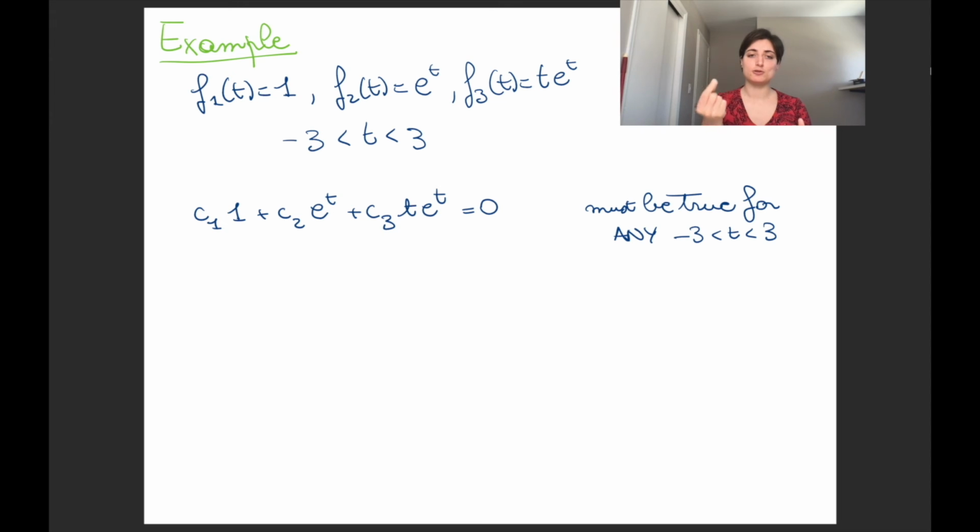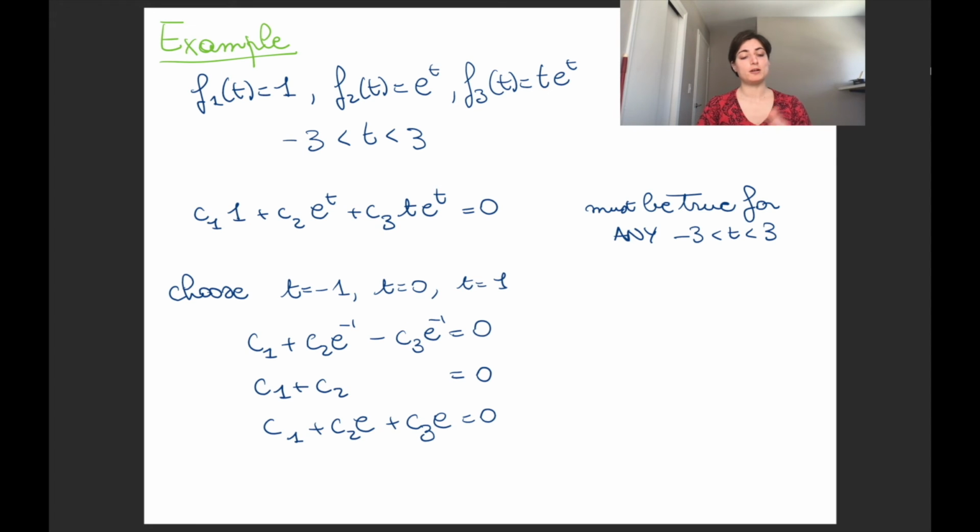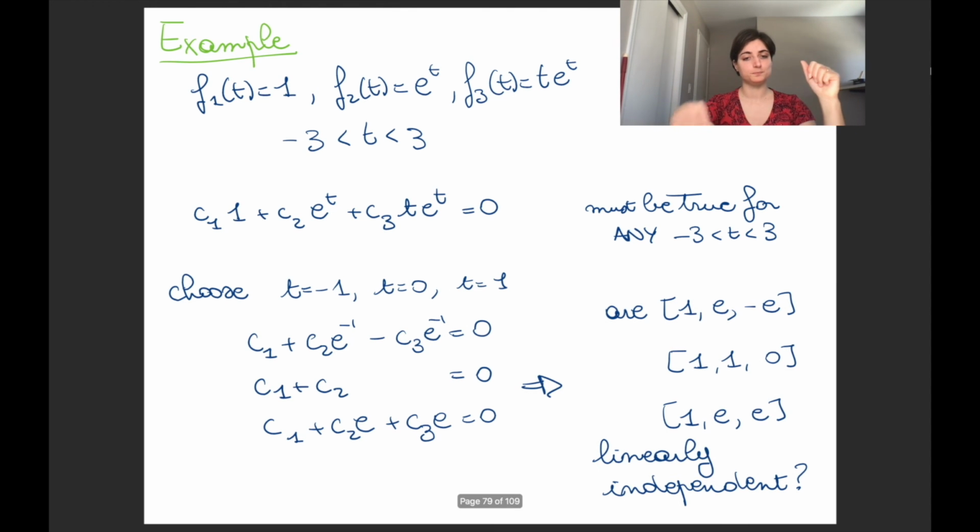Think, if you choose t to be the same value 3 times, that doesn't give you information. Anyway, we choose t equal to -1, t equal to 0, and t equal to 1. And we try to solve these 3 equations at the same time.